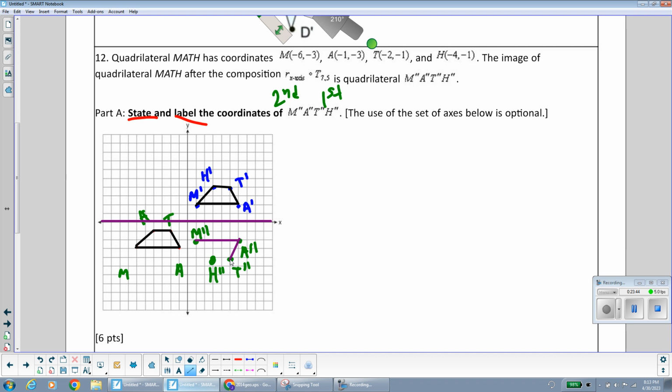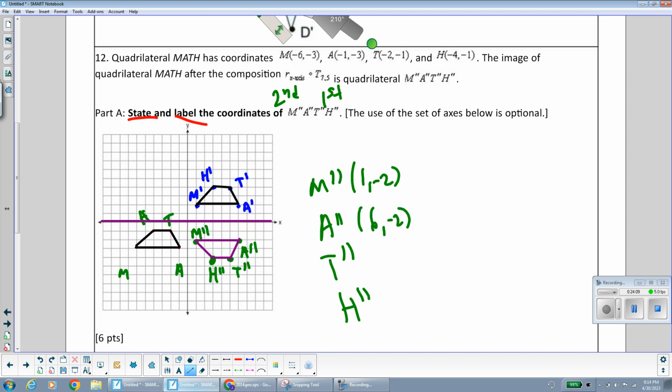Remember, what I have to do is actually write down the coordinates, because right now this would receive no credit. So let me write down my coordinates, and they have to be labeled, so now they're labeled. M prime is 1, -2. A prime is 6, -2.